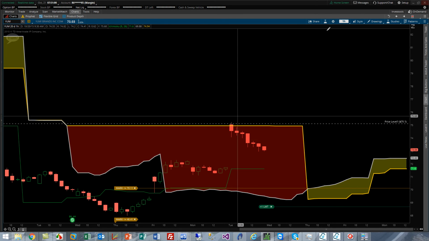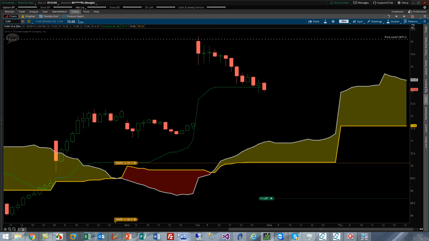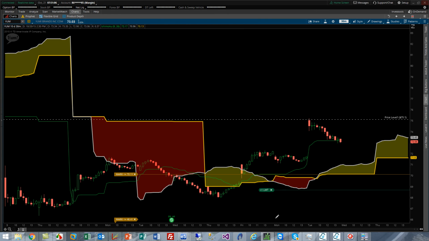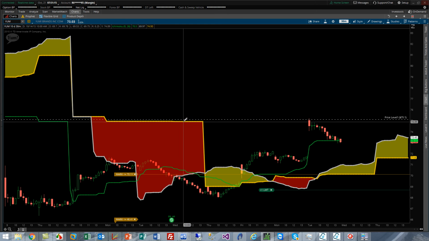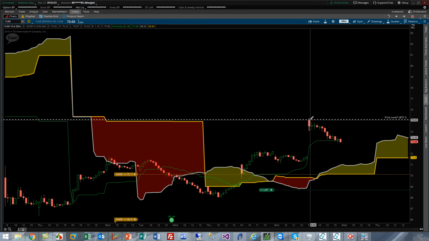Then if I go down to a 30-minute, which is for day traders, you'll notice that this resistance, which was the same on the 1-hour, 2-hour, 4-hour, and daily, was the same major resistance in the past with this yellow line. This is what we call multiple time frame resistance, so there's a high probability of bouncing off there.